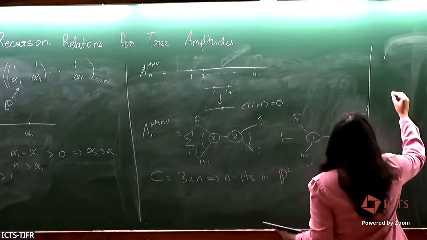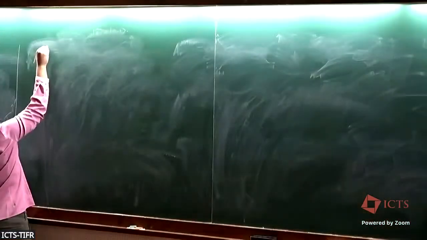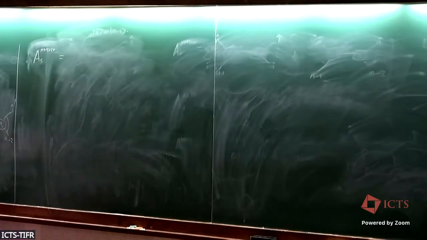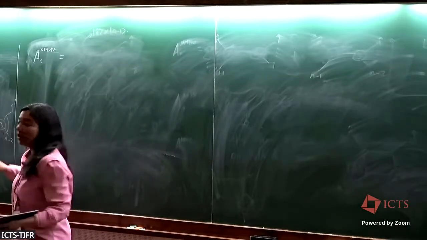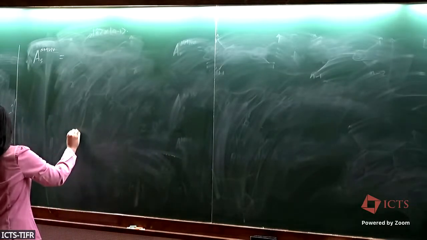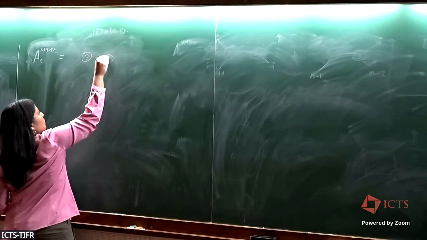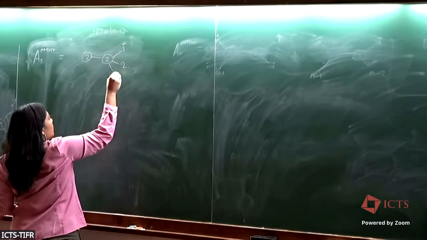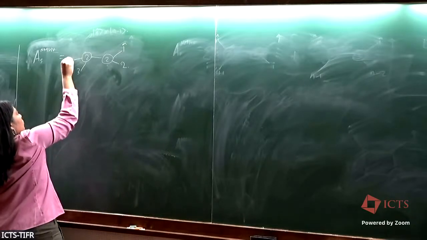Okay, so yeah, let's start with A5 NMHV. This has only this picture, right? Because there is no 4-point NMHV amplitude. So I know that this needs to be 1, 2, 3, 4.